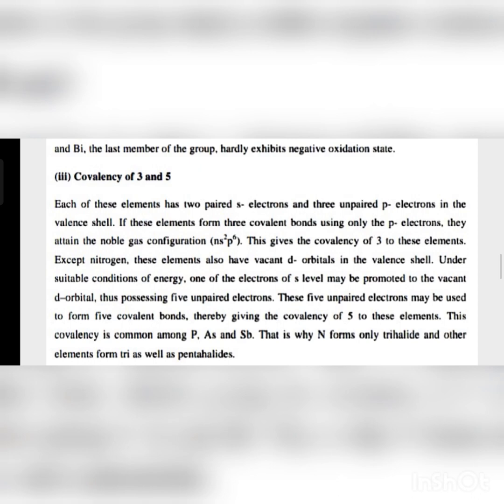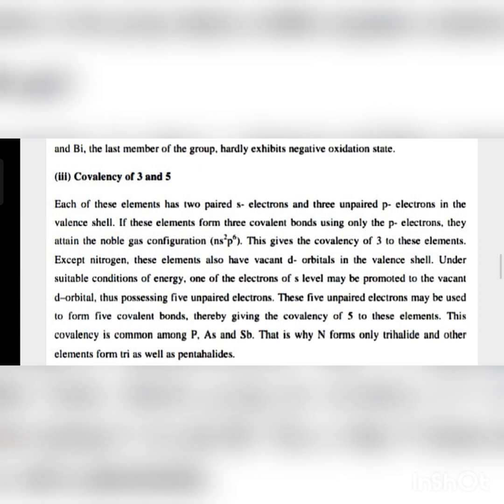Except nitrogen, these elements also have vacant d orbitals in the valence shell. Under suitable conditions of energy, one of the electrons of the s level may be promoted to the vacant d orbital, thus possessing 5 unpaired electrons.